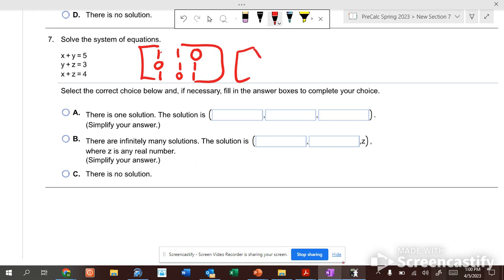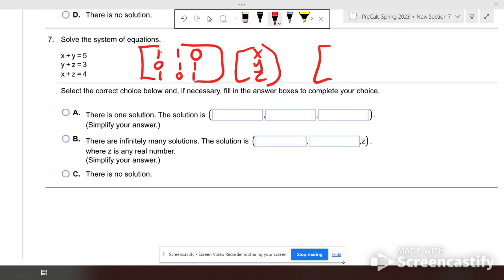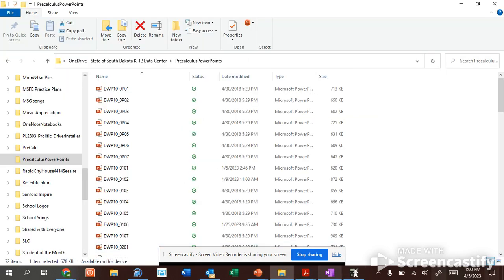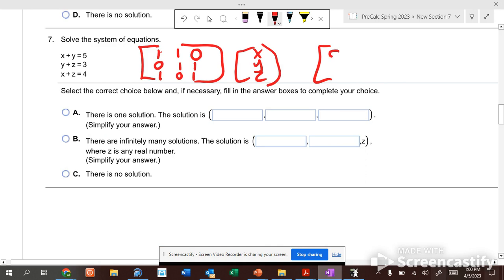And then times x, y, z equals 5. Did this earlier today. Had a hiccup. 5, 3, 4.